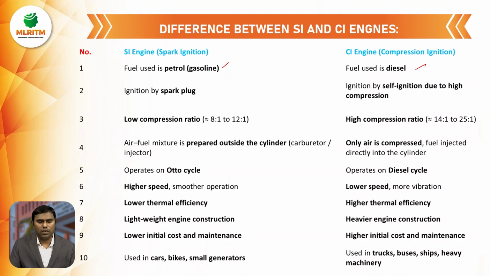the fuel injector. So the SI engine operates on the Otto cycle. Generally, we use the Otto cycle principle in SI engines. In CI engines, we use the diesel cycle principle. The Otto cycle consists of isentropic compression, then constant volume heat addition, then isentropic expansion, and constant volume heat rejection.